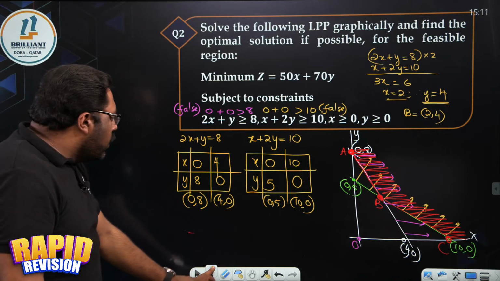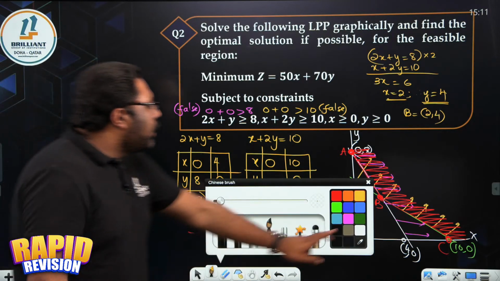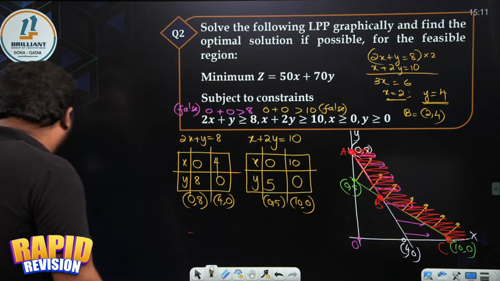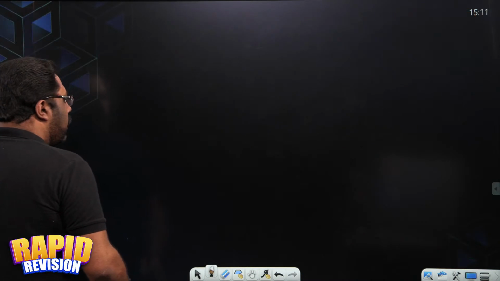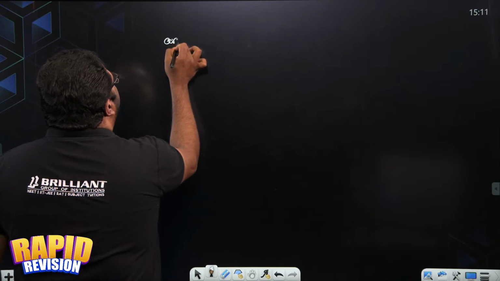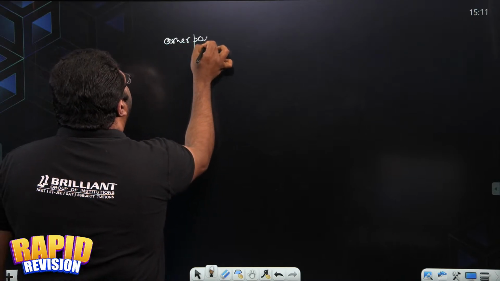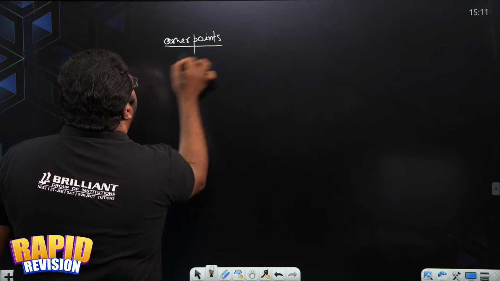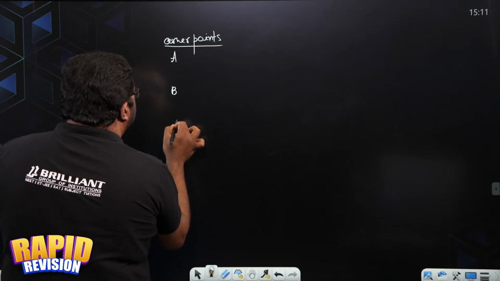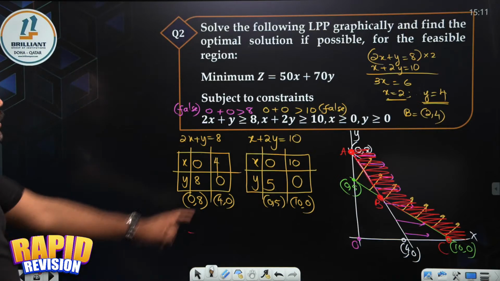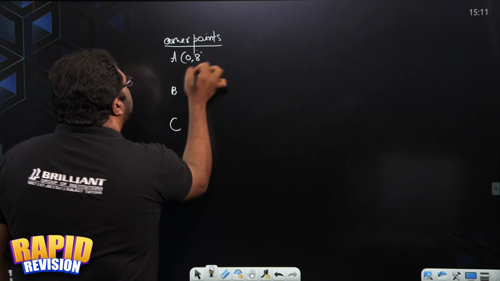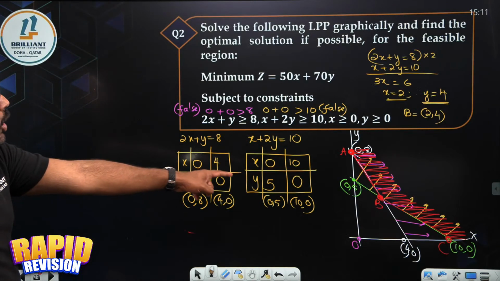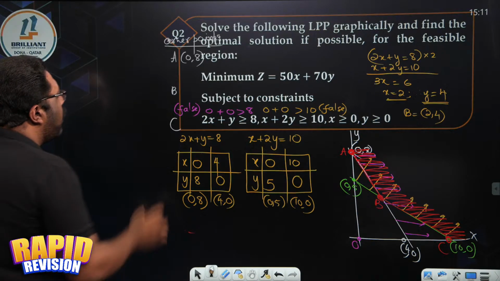Okay, now using that, let me draw the table. My table is going to have the corner points A, B, C. The first corner point A is 0, 8. The second corner point B we calculated as 2, 4.